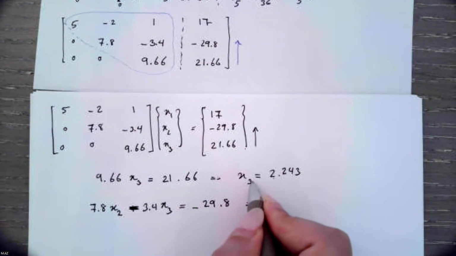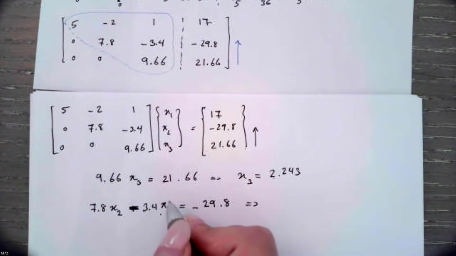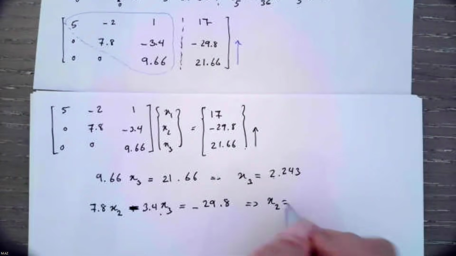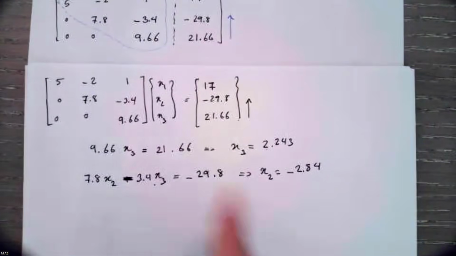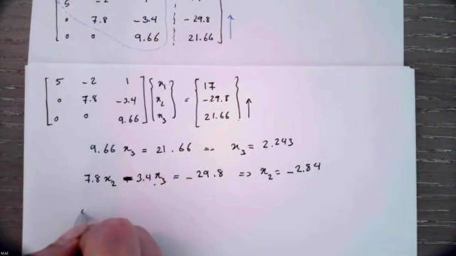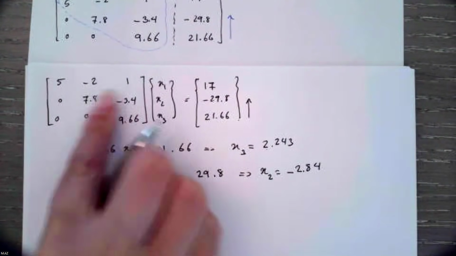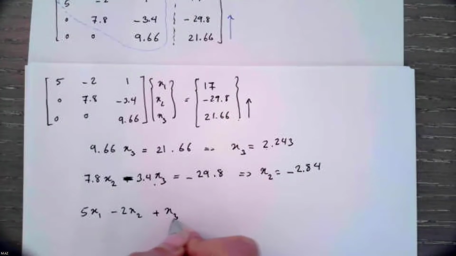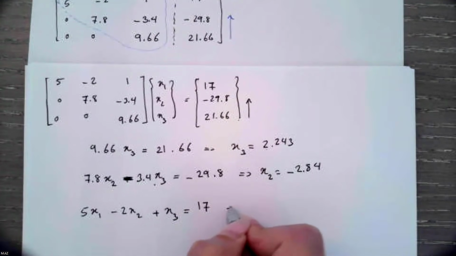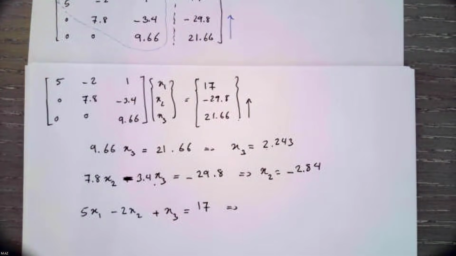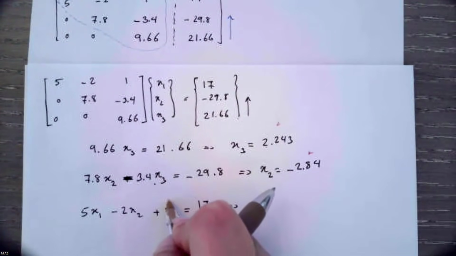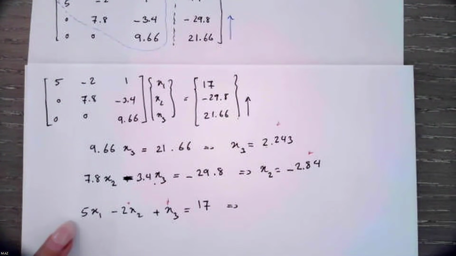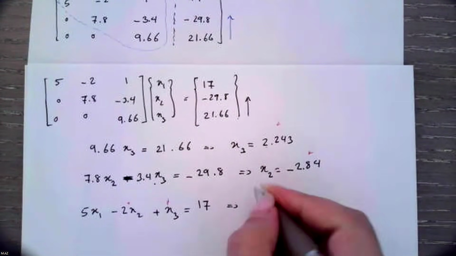If I substitute x3 in the equation, then the value of x2 becomes negative 2.84. And from equation 1, we have 5 times x1, negative 2 x2, x3 equal 70. If I plug x3 and x2 here, then we can find the value of x1.